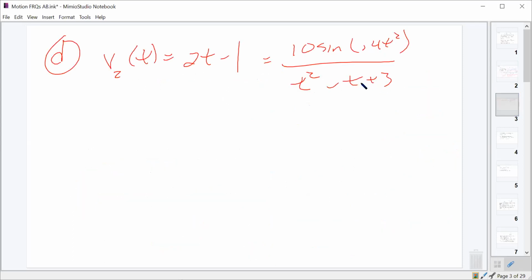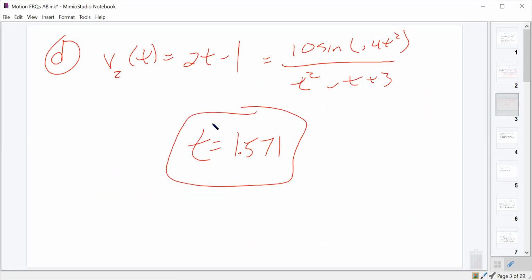And your graphing calculator will tell you where those two functions intersect on the interval between 0 and 3.5. And it appears that was 1.571. And 2 points for that, 1 for the equation and 1 for the point.